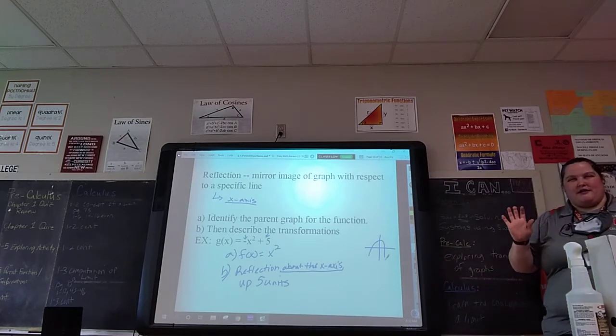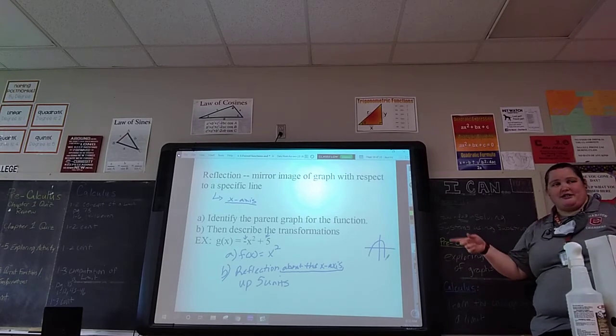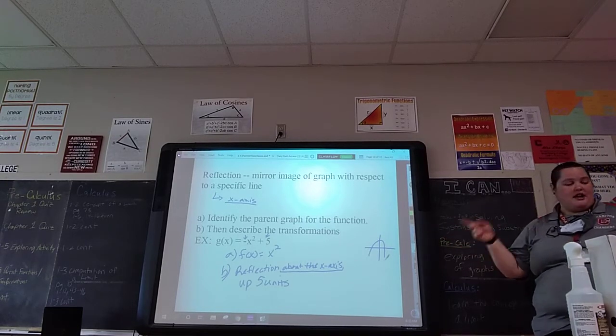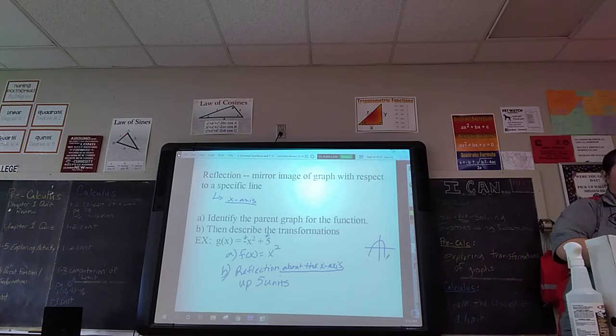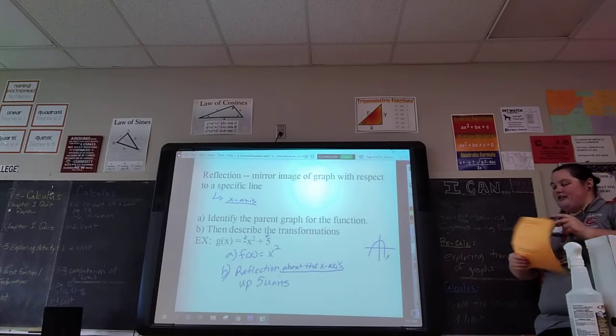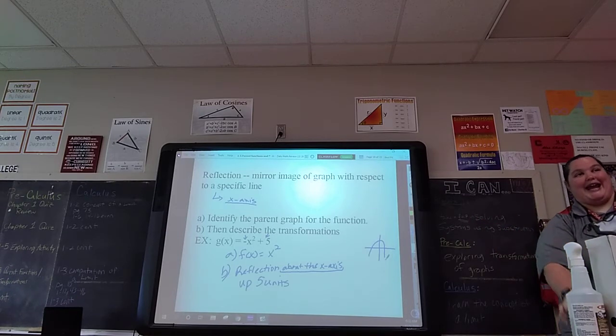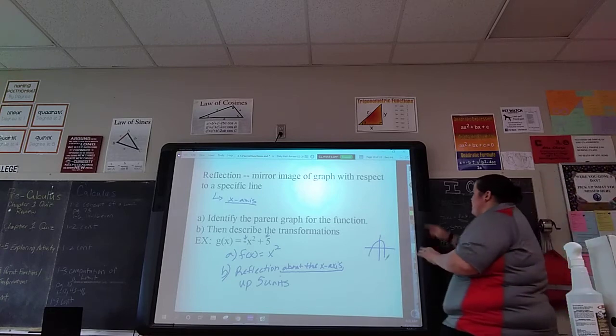That's the most subtle of the transformations, because it's not even a number, it's just a sign. So the sign in front, if it's negative, that makes it a reflection. Now, if there is a number with the negative, then that makes it something else. So it's a reflection and this next one.